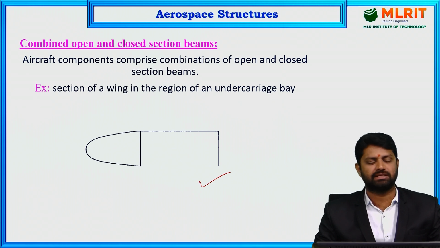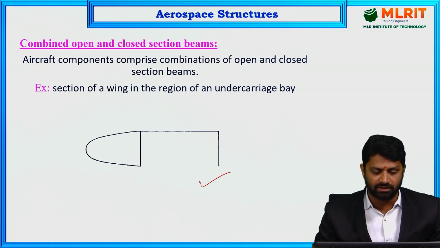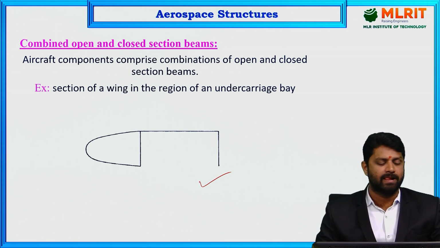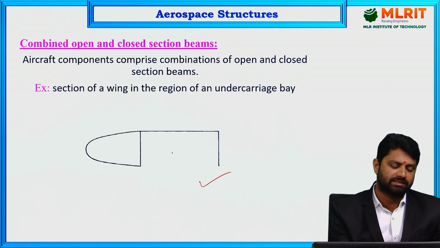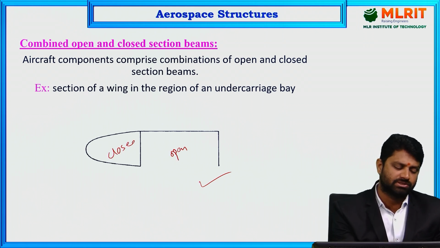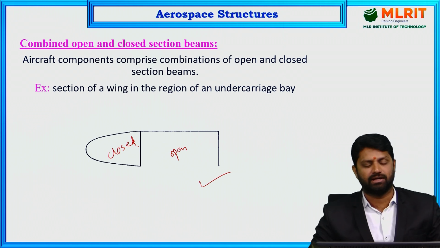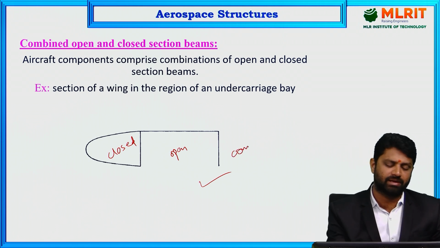This is the example given for the section of a wing in the region of an undercarriage bay, in which you can see this is an open section beam and this is a closed section beam, and these two are integrated together. It is now called a combined open and closed section beam.